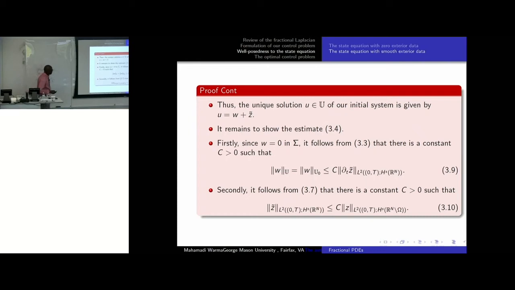But we can show this estimate, the estimate 3, 4. Remember that W is 0 outside, then we can use all the previous estimates. The norm of W in the space U0 and U sub 0 are the same, and that is less than a constant times the time derivative of Z tilde in L2 with value in HS of Rn.